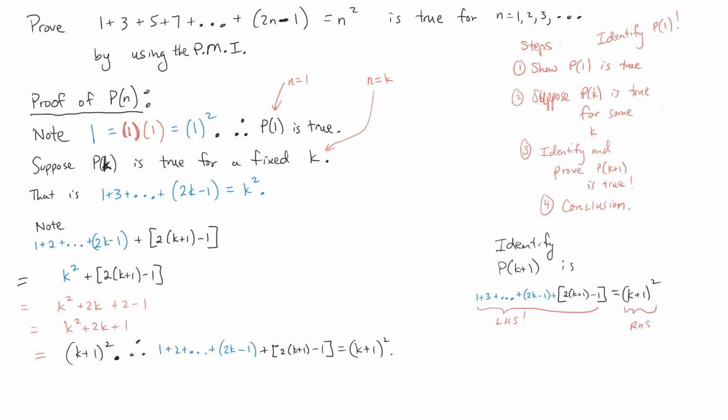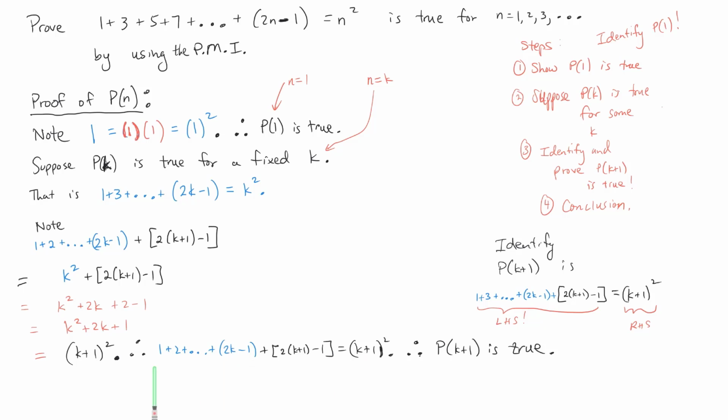Wait, this sentence is not P of 2. This sentence is P of k plus 1. Therefore, P of k plus 1 is true. Gorgeous. You proved that P of k plus 1 is true.